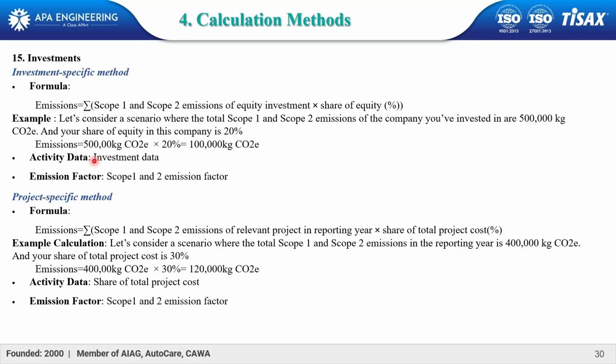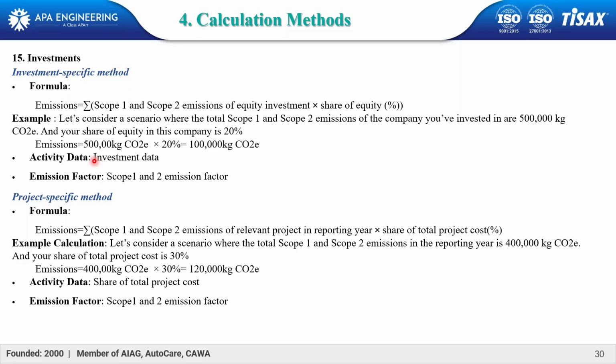So moving to the final category, which is the investment category. It also has two methods, the investment specific method and the project specific method. This includes the scope 1 and 2 emissions of the equity investment into the share of the equity.